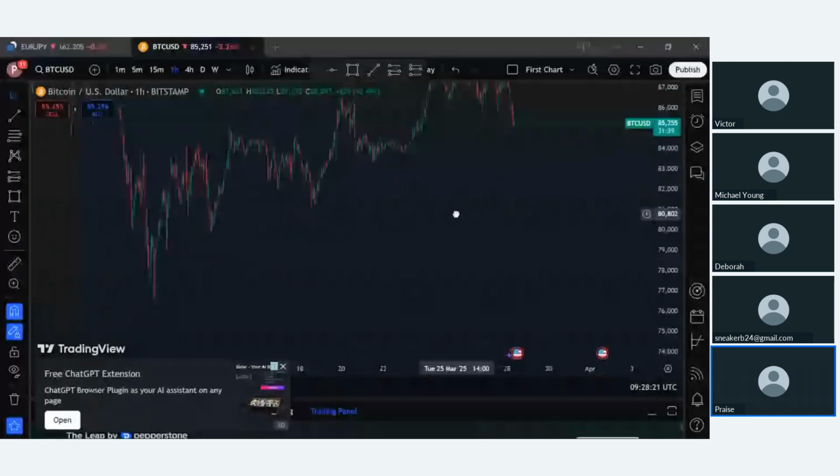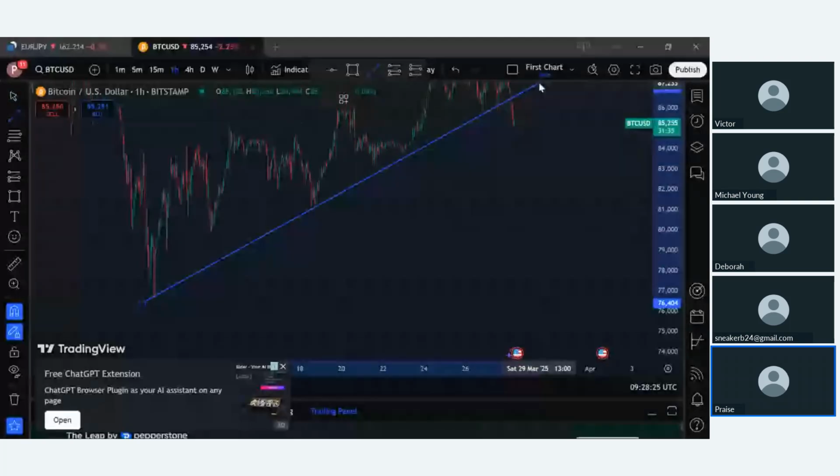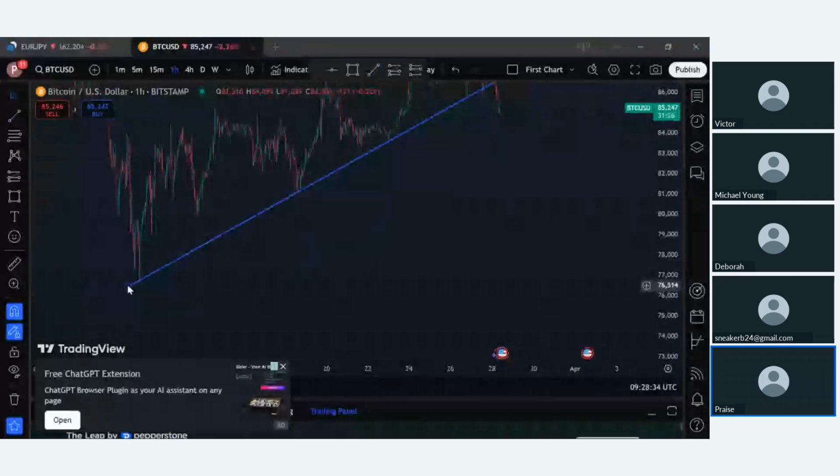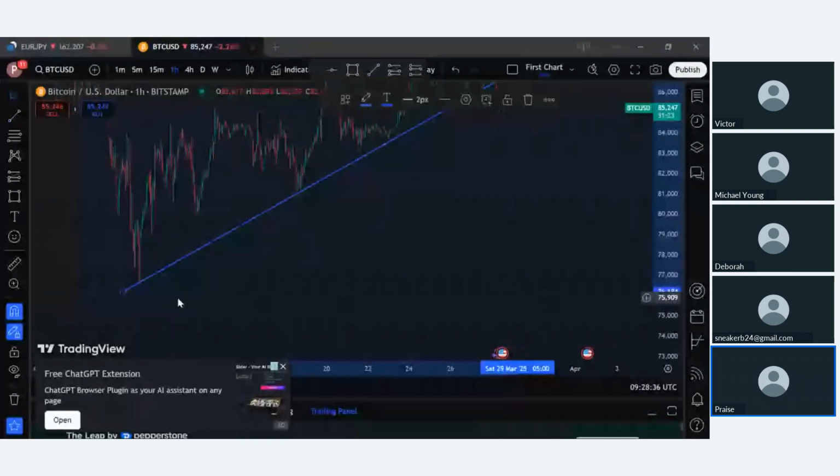So let's draw our trend line like this, so you can see. So this is a trend line. This is a 1 hour time frame, and this market has been trending upward like this.